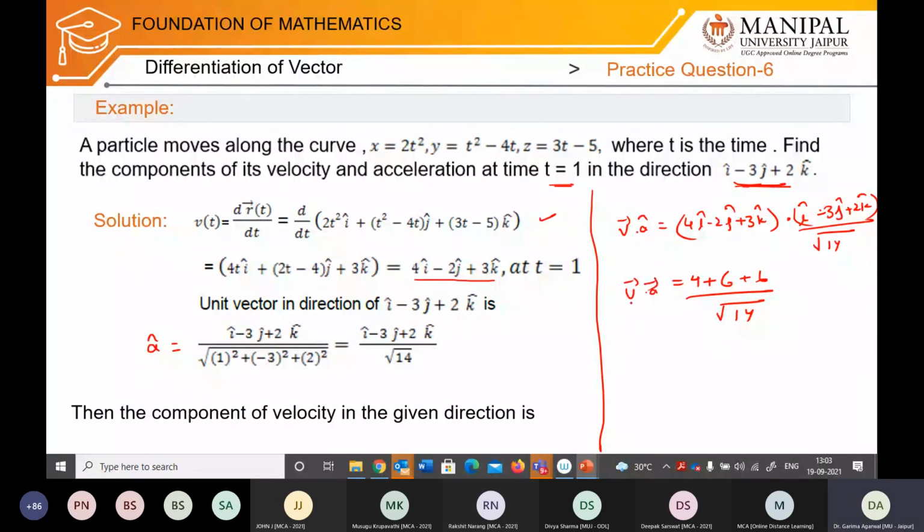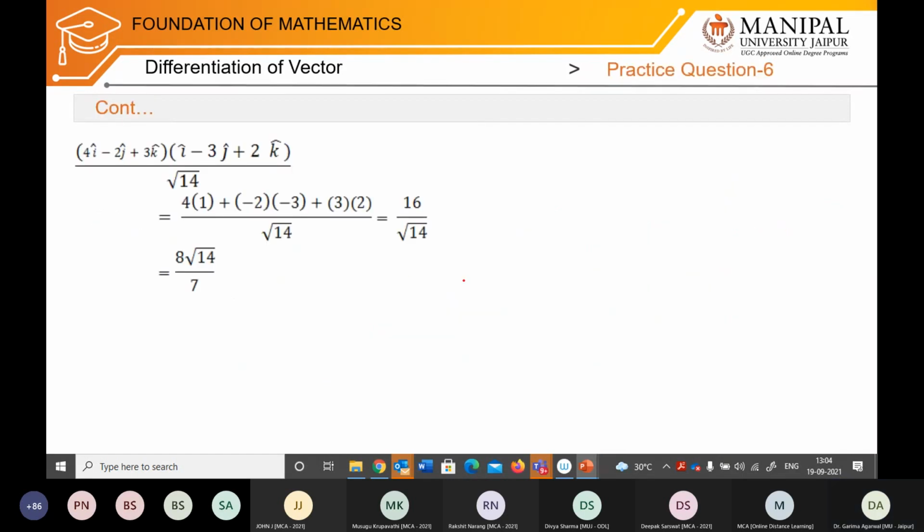So this is the velocity in this direction. Clear? First we need to find the unit vector in this direction. How can we find it? Vector itself upon root of coefficient of i cap square plus coefficient of j cap square plus coefficient of k cap square. Then we need to find the dot product of velocity and the unit vector. Like that.